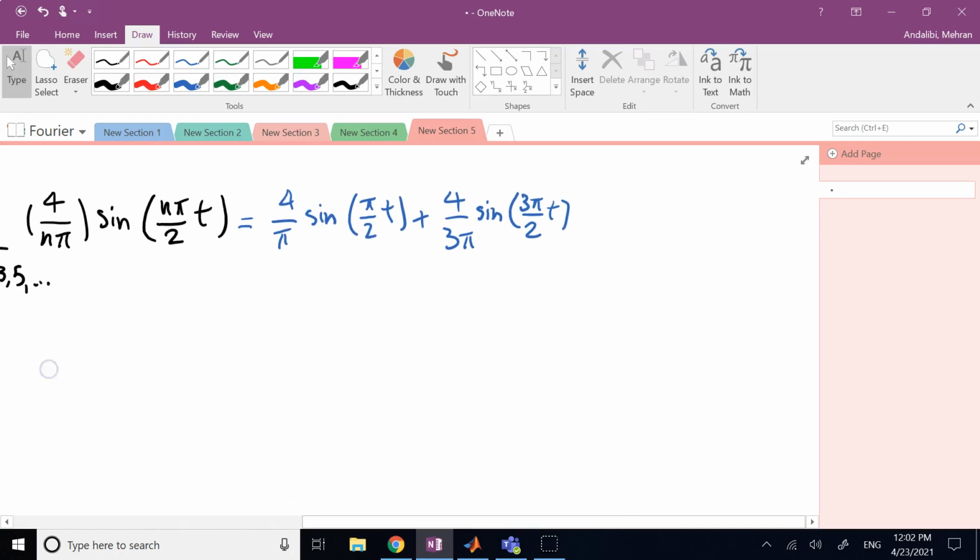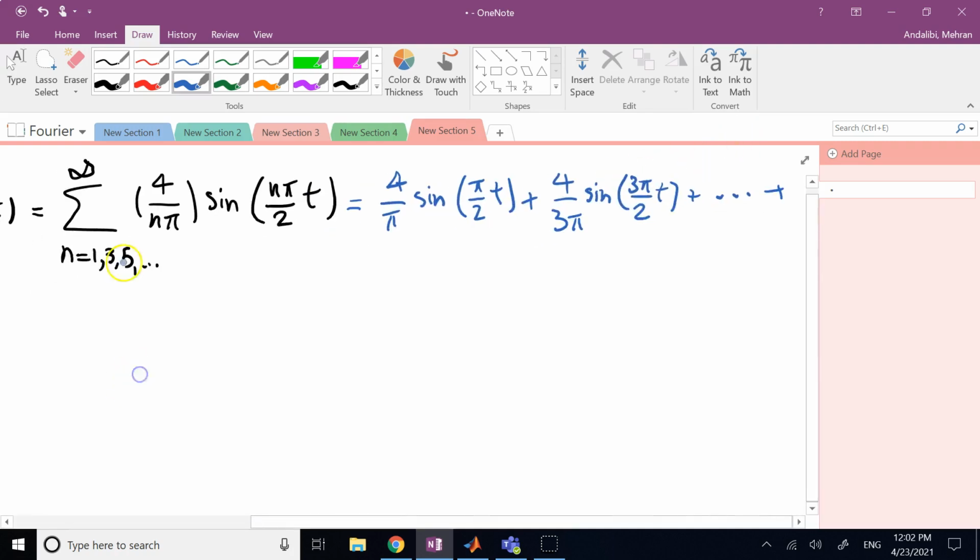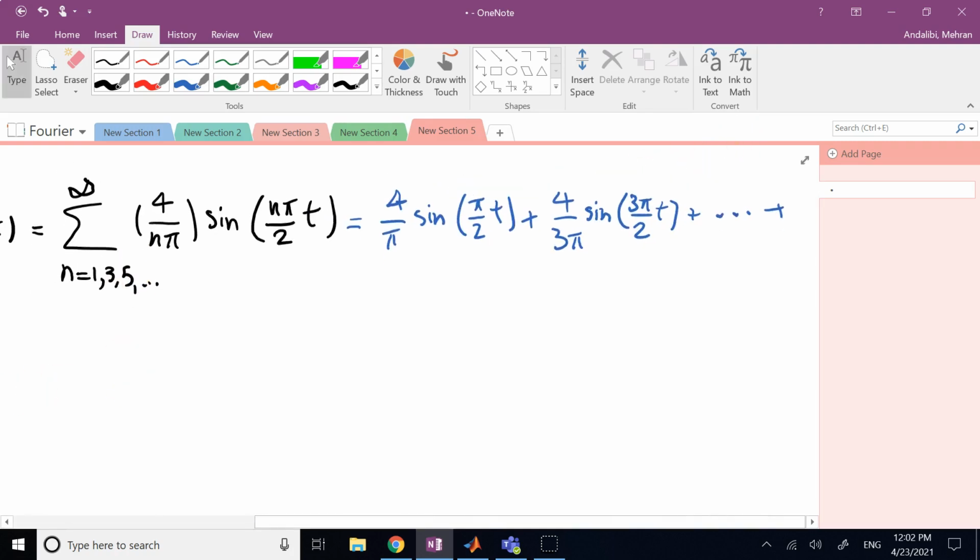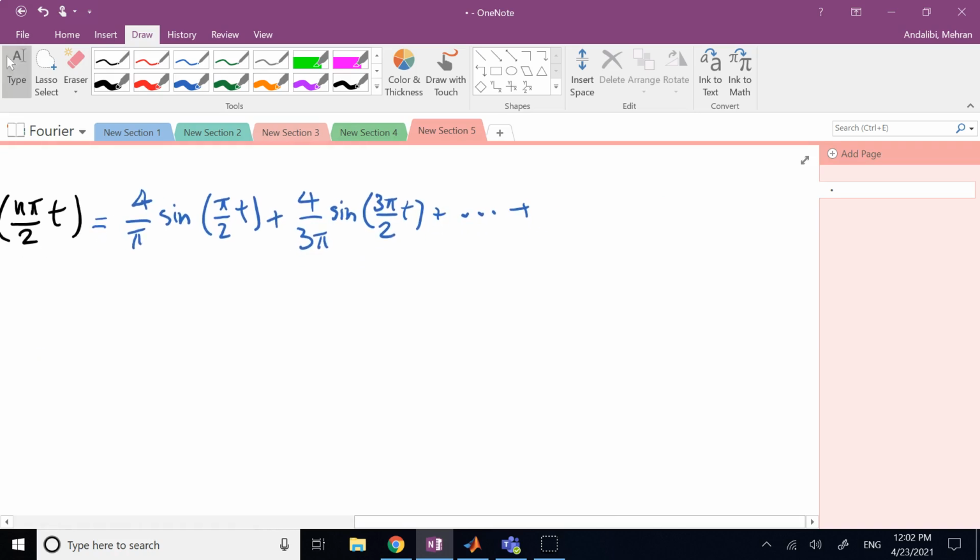And let's say my application says, based on the accuracy I need, I don't need to go on forever, so maybe I only go up to, let's say, 20 or something. And the number right before 20 is 19. So I end up with something like 4 over 19 pi, of course, sine of 19 pi over 2 times t.